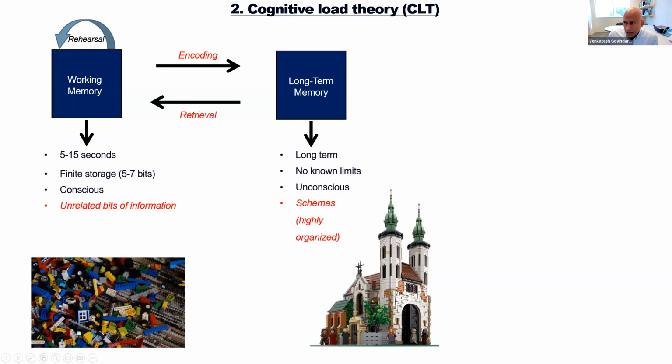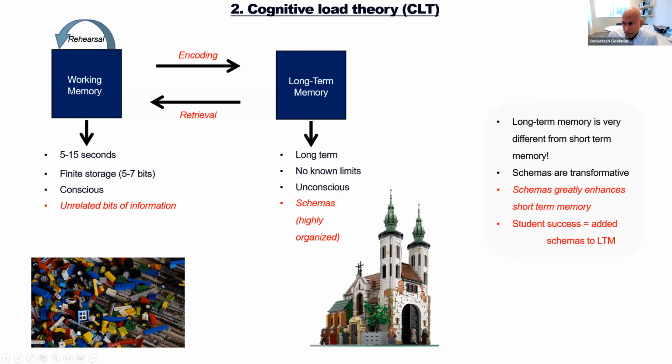Now, the thing to note is once schemas form in the learner's mind, this can be a transformative experience. They will never, ever look at new information the same way. And I'll show some experimental evidence for this. And not only that, schemas greatly enhance short-term memory.